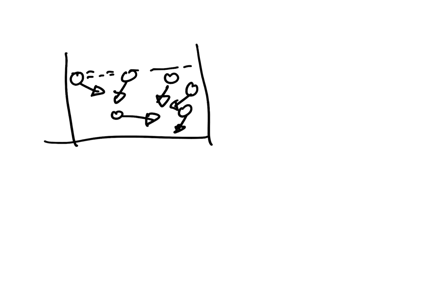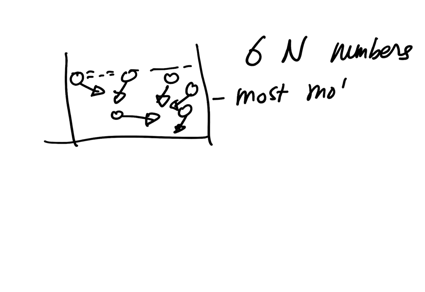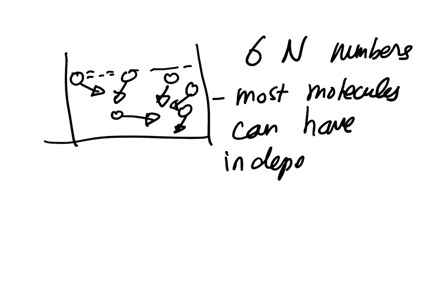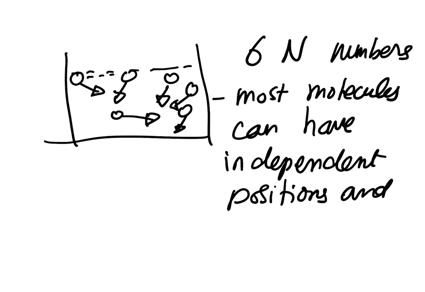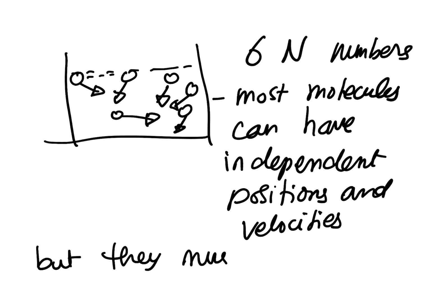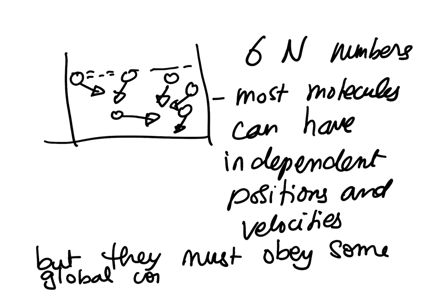That is, out of the 6n numbers, most molecules can have independent positions and velocities, but they must obey some global constraints in relation to their interface and intermolecular forces.